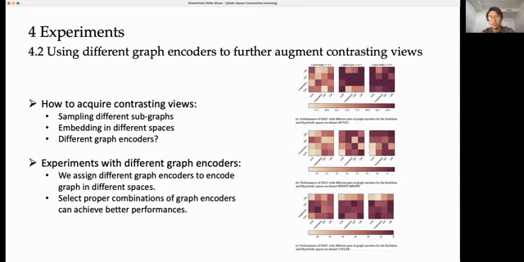So choosing different graph encoders to produce contrasting views of the input graph to conduct graph contrastive learning is indeed feasible and would be useful when the label ratio is lower. In other words, when we face real-world problems about graph contrastive learning lacking labels, we could carefully choose the pairs of different encoders to achieve better results.